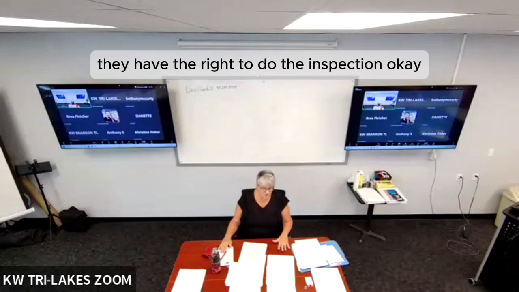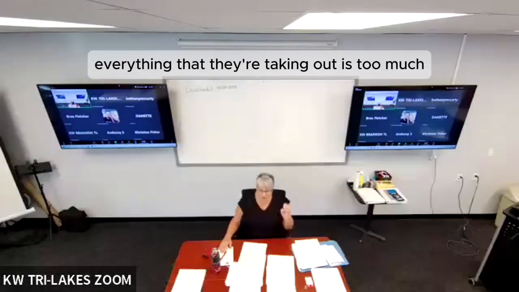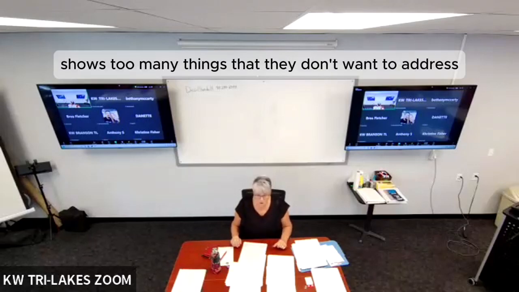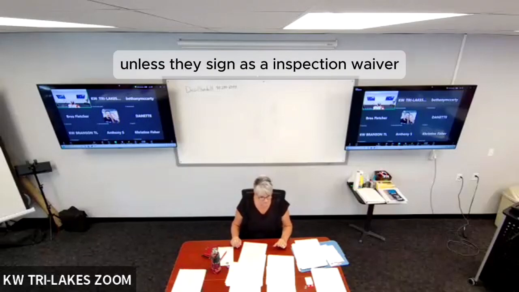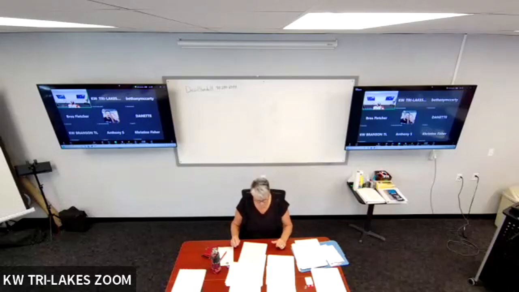They have the right to do the inspection. And they can still get out of the contract if they feel like everything that they're taking on is too much, if the inspection shows too many things that they don't want to address. Unless they sign the as-is inspection waiver and number 2 or 3 is marked, then that's totally different.